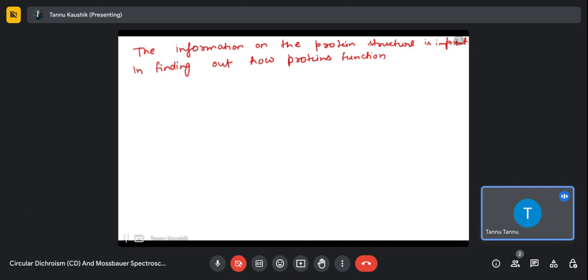So this is very important to find out the primary, secondary, tertiary and quaternary structure of a protein.